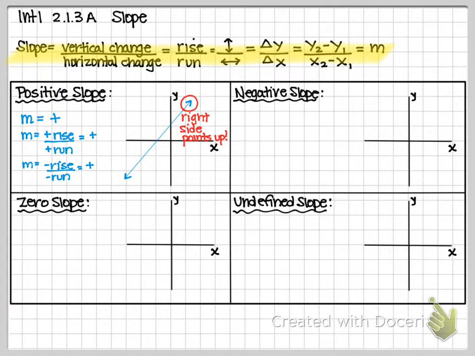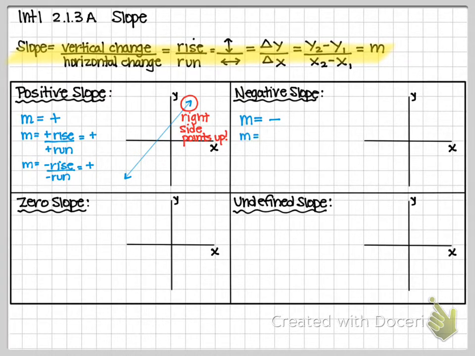Okay, why don't you see if you can make a prediction for yourself about what you think a negative sloped line is going to be. And then let's figure it out. Okay, so a negative sloped line is, well, it's going to be a negative value. In order for that to happen, could be a couple situations.